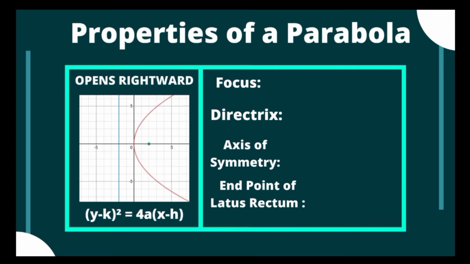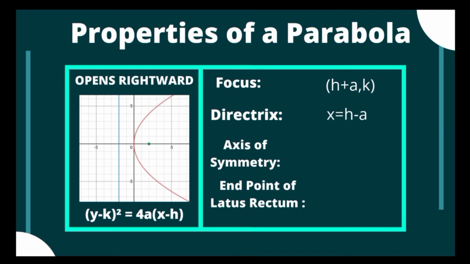The third one is the parabola opens rightward. This will happen when the y part is the one squared, and the value of 4a is positive. And the focus will be changed because we will add a units to the x coordinate instead and it becomes h plus a comma k. And then the directrix will be x is equal to h minus a.